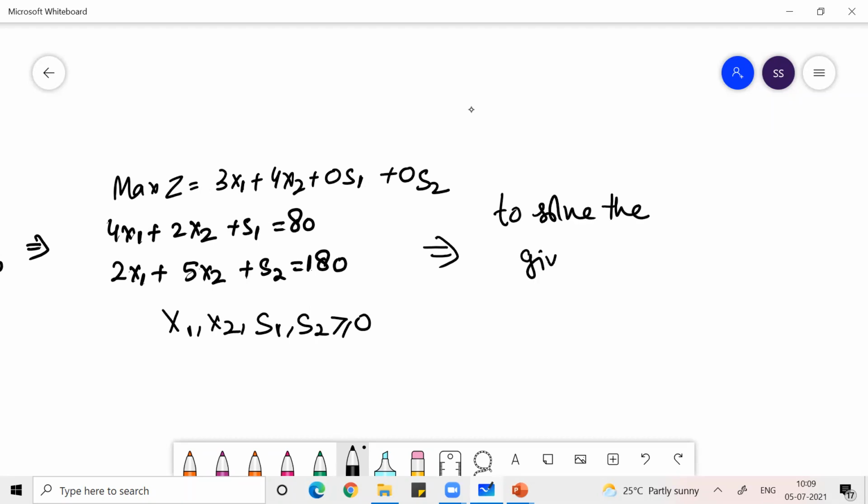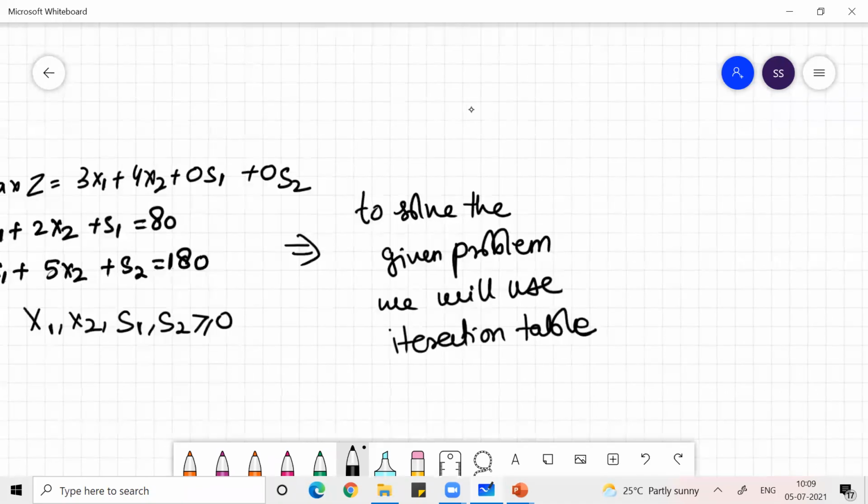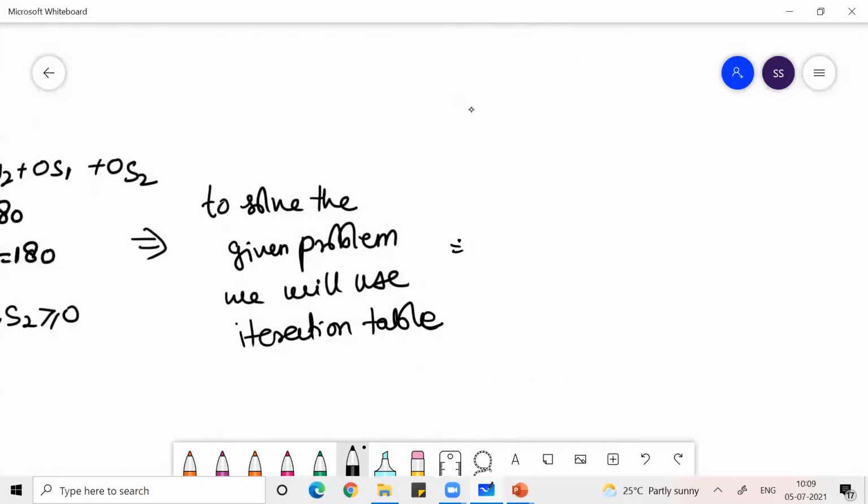To solve the given problem, we'll use an iteration table. So we use the iteration table to solve the given problem. The same problem we write in tabular form.